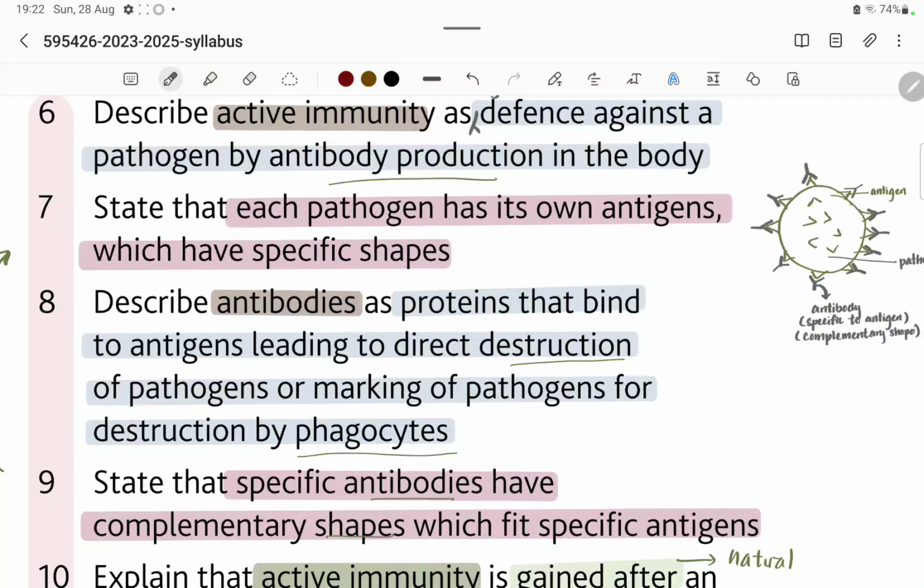So different pathogens have different antigens, and different antigens need different antibodies to bind with them, and then to destroy them or attract phagocytes to come and do phagocytosis.